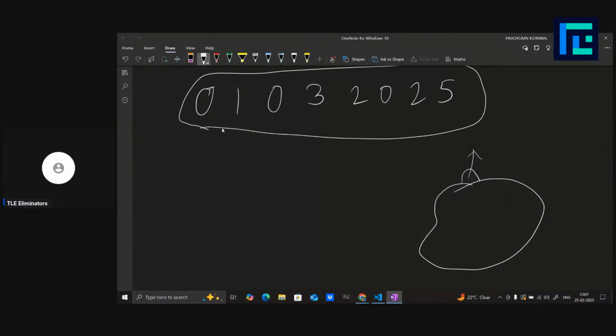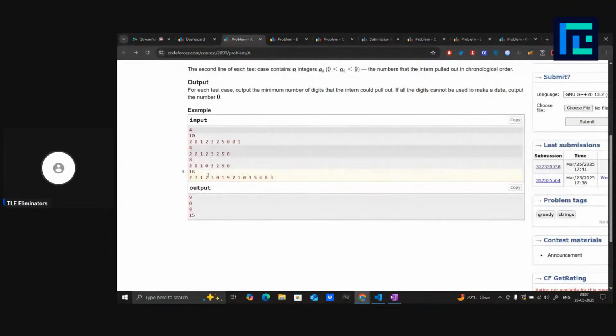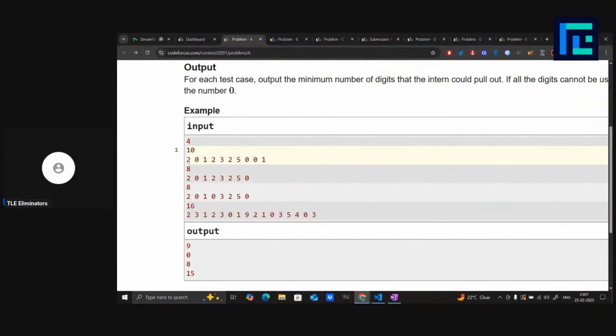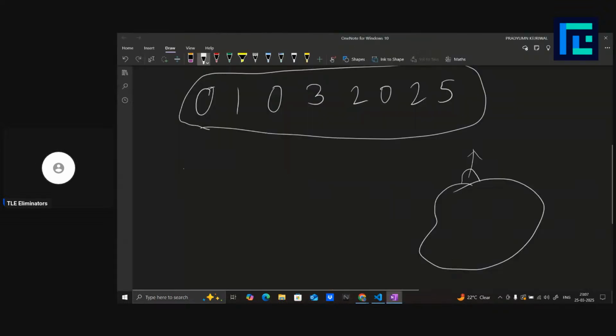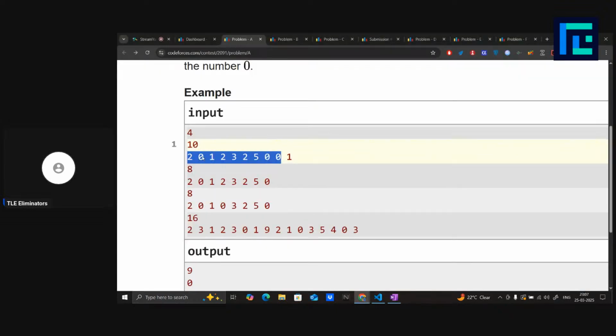right? So in the first test case, if you have the first 9 digits, then you will be able to form 01032025, because you have a 0 1, then a 0 3, then a 2, then a 0, one more 2, and you have a 5 also.